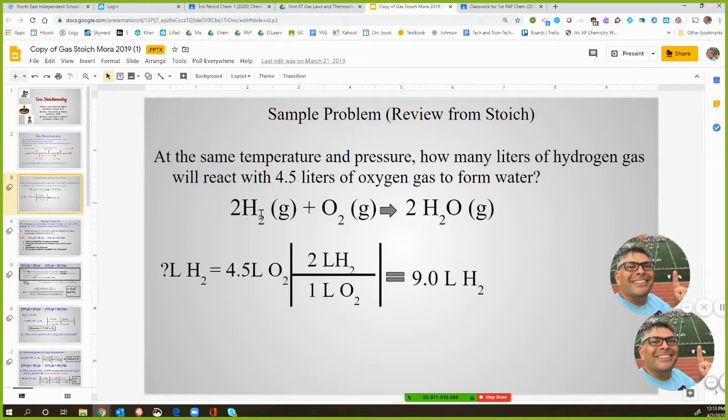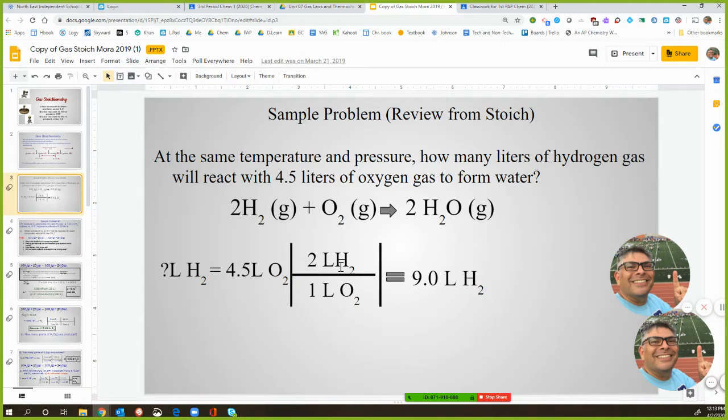So here is a sample problem, and this is a review from Stoich. At the same temperature and pressure, how many liters of hydrogen gas will react with 4.5 liters of oxygen gas to form water? Since you're going liter to liter, you can just do a mole ratio. How many liters of hydrogen will you get from 4.5 liters of oxygen?